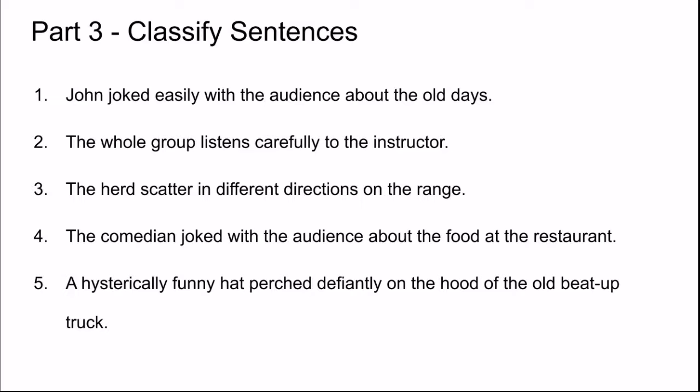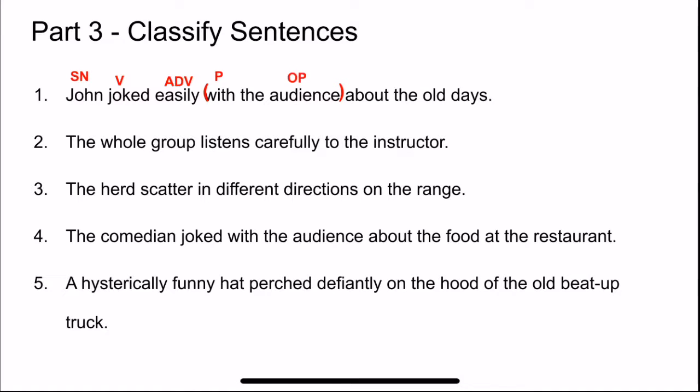Number 1, John joked easily with the audience about the old days. John, subject, noun. What is being said about John? John joked, verb. Joked how? Easily, adverb. With the audience is a prepositional phrase. With, preposition. With what?